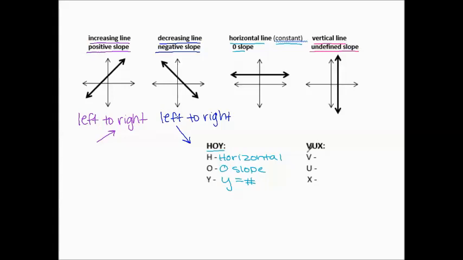And my VUX corresponds to my vertical line. It looks like a vertical line. I have undefined slope. And it's an x equals graph. So those acronyms can help you remember which one is which.